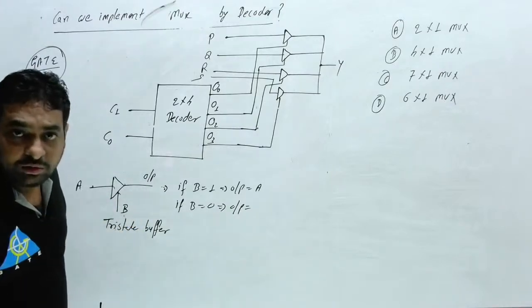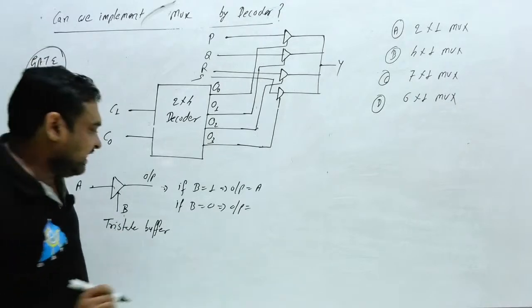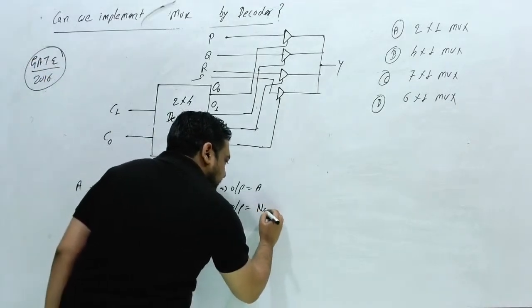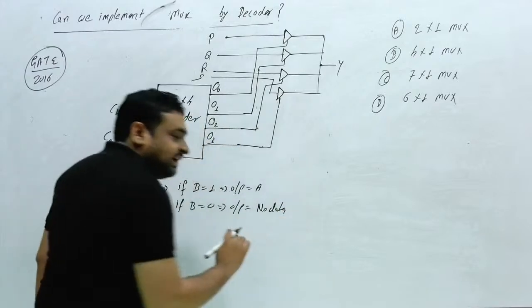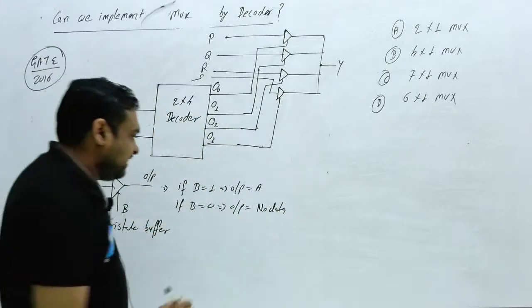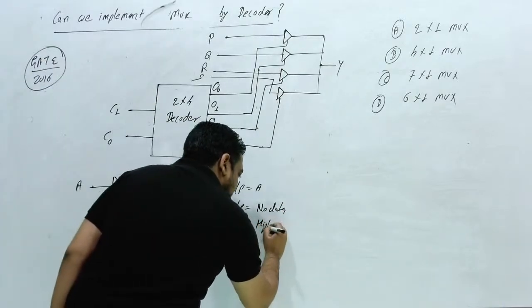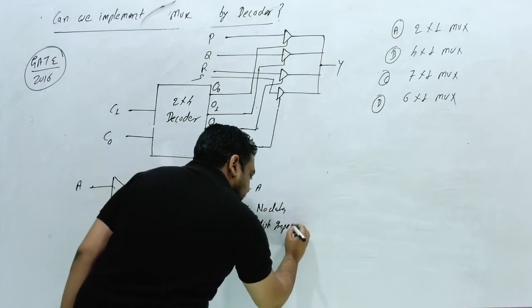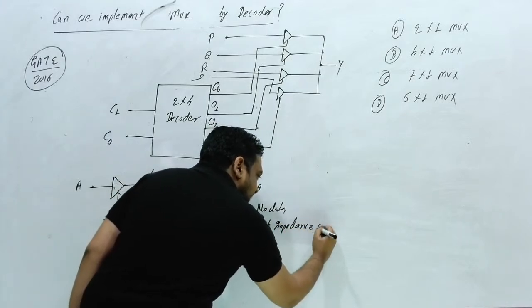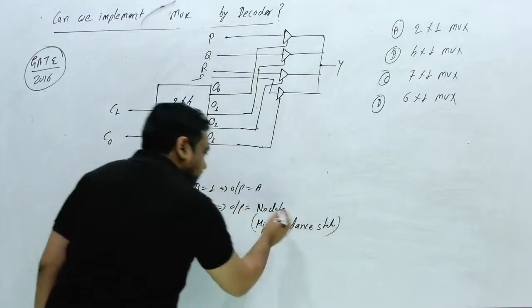Now if B is 0, then the output is no data. You cannot say 0 or 1. No data means high impedance state. Either you can say high impedance state or no data.